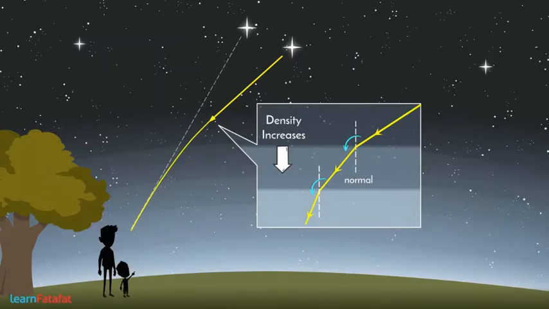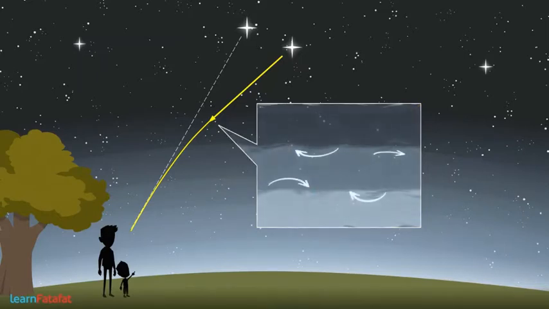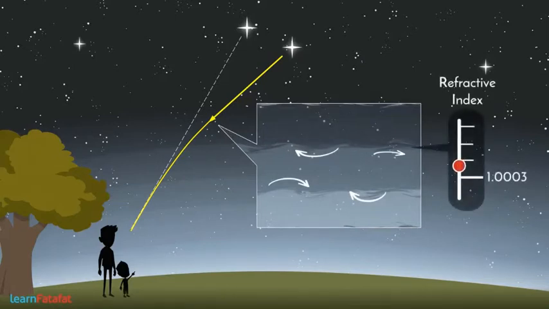Now air is a fluid. It has the property to flow. So, there are continuous and random variations in every layer of the atmosphere. These changes result in random changes in the refractive indices of the layers. So, if the refractive indices of these layers are not steady, how will the apparent position of the star appear steady?